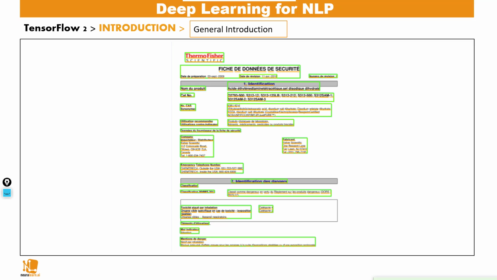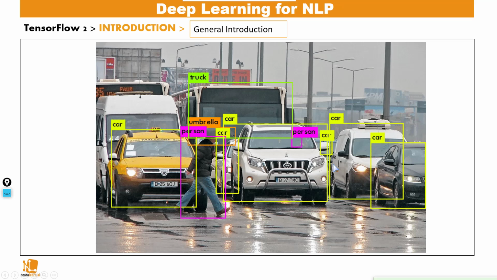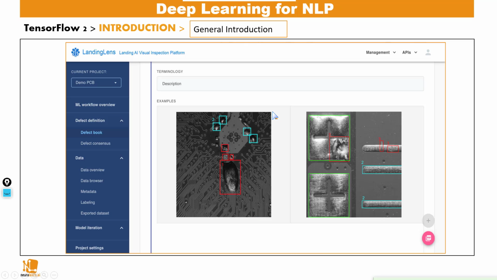Artificial intelligence is everywhere, be it in optical character recognition systems like this, which help automatically extract information from files, in object detection systems where the machine is able to understand its environment, in visual inspection systems, like in this case where Landing AI is using this artificial intelligence tool to detect defects in electronic equipment.